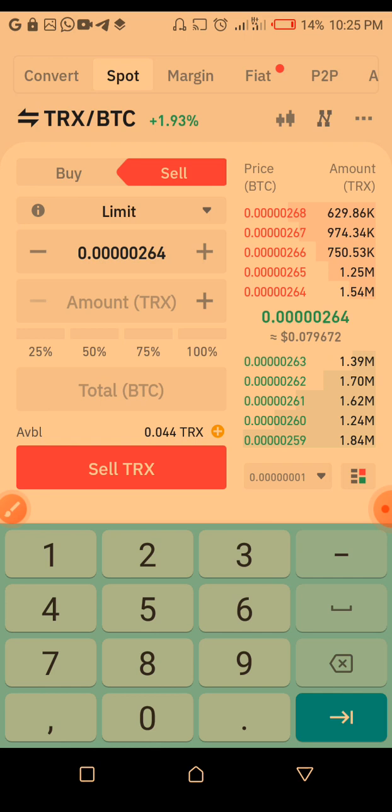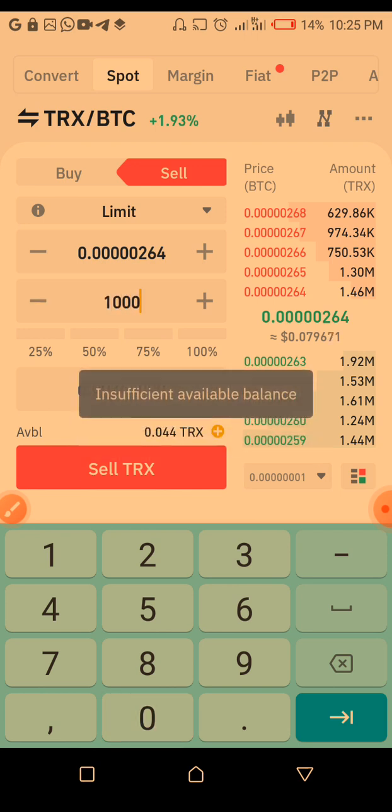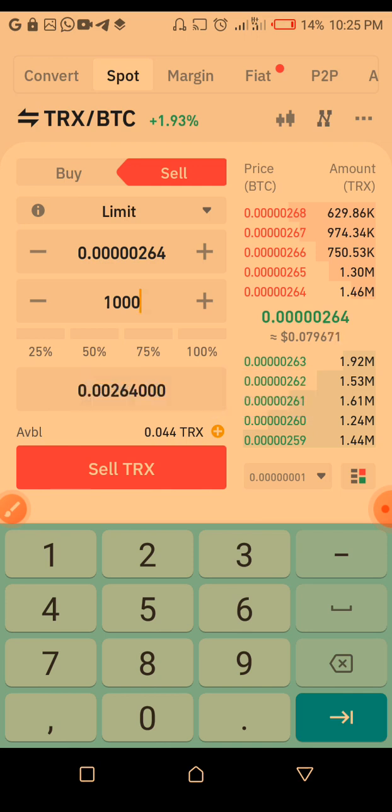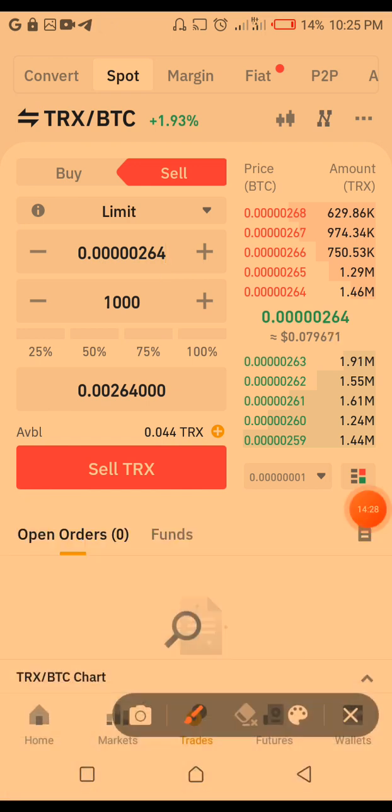But if you leave it on limit order, you still have a choice. Since you are selling right now, you can see we have changed it to sell. Since you want to sell your 1000 TRS right now, you can select this price or change it using any of the prices below.